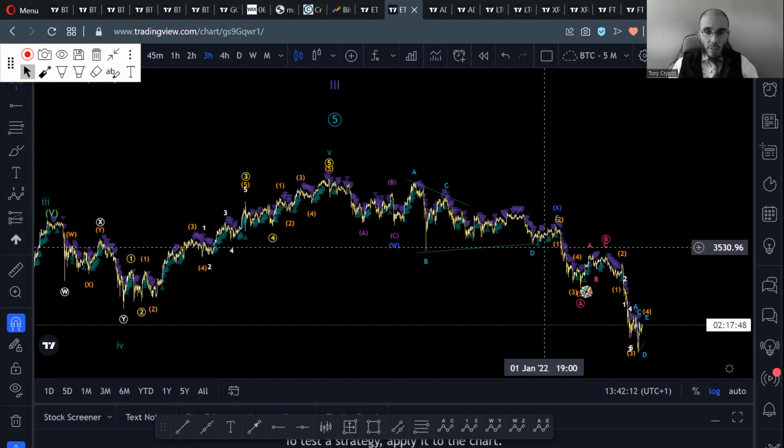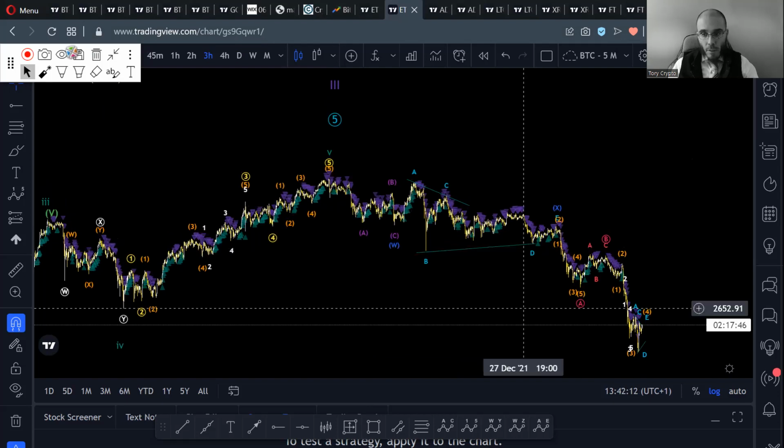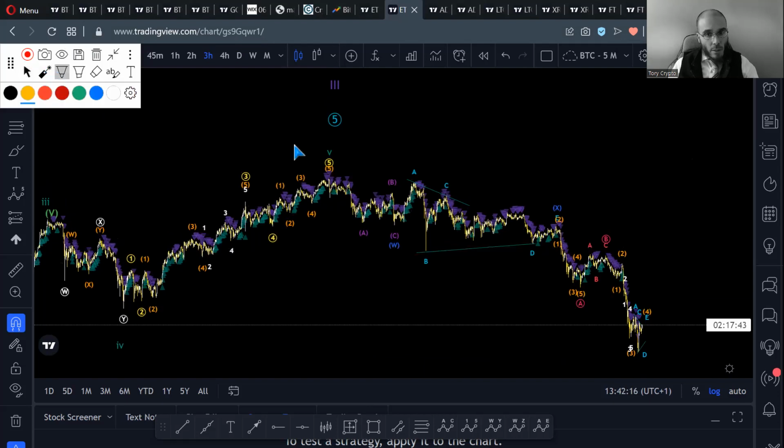And then we started the correction. The correction is made of a double V, then an X wave, which was a triangle, and then you have an A, B, and down here somewhere you will get a wave C.